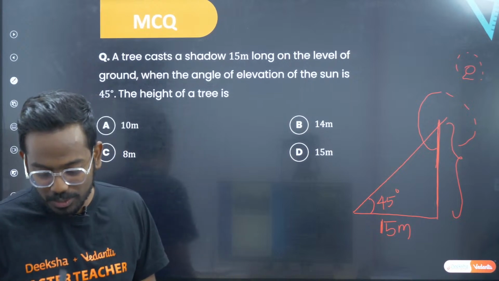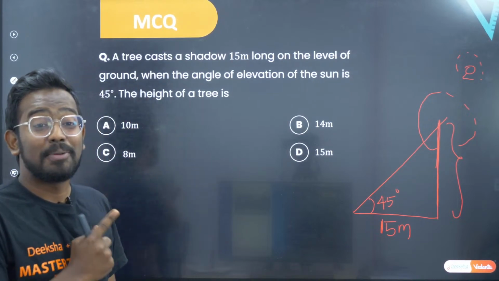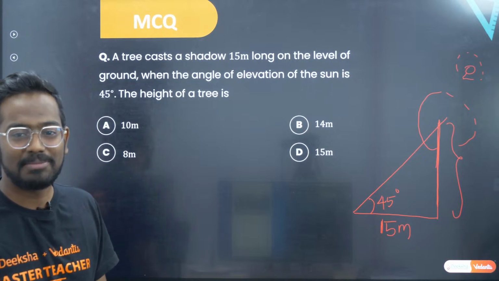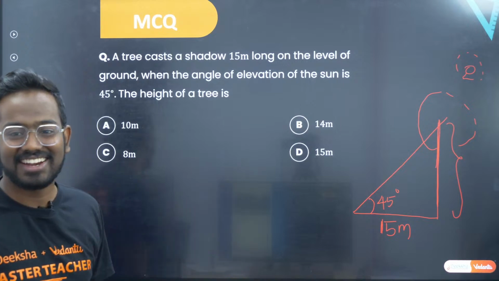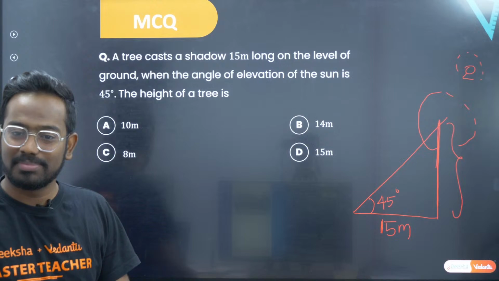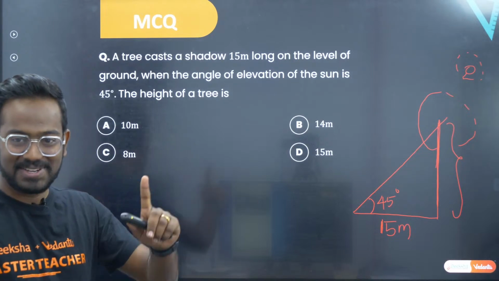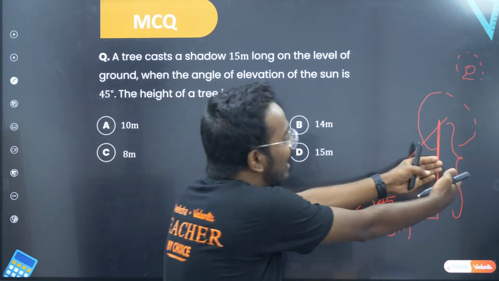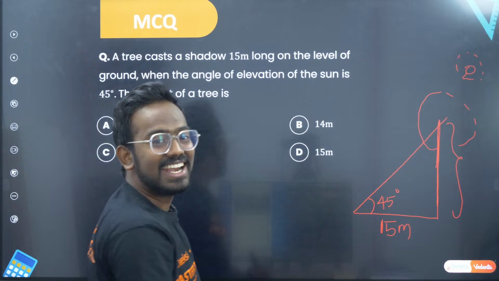Yes, can anybody tell which trigonometric ratio should be used? Come on, tell me. Sir, we should use... already answers are ready. Very good. Deeps has already answered it. Gaming Prism has also answered it. Sir, as tan 45 is 1, sir. Very good. So we want to make use of tan, because the opposite side is required and the adjacent side is already given.